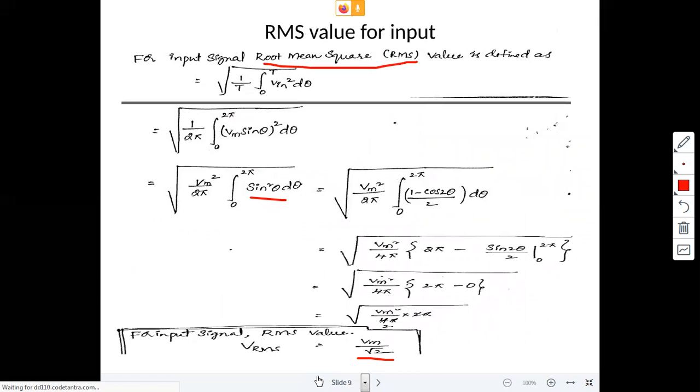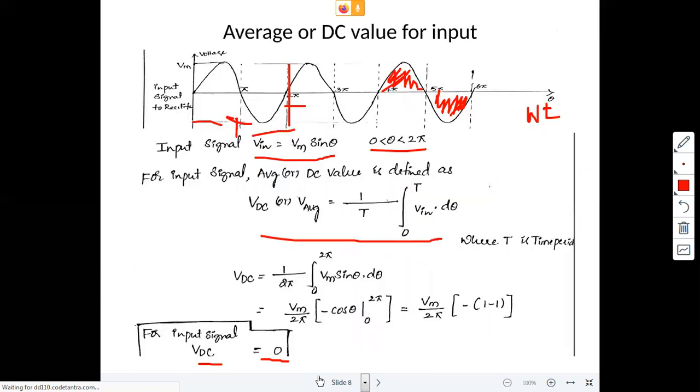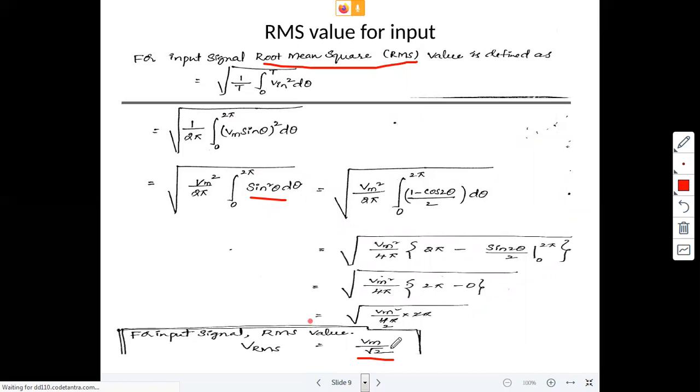First, we calculated the DC or average value for the input signal, which is equal to 0. Then RMS is equal to Vm by root 2. These two are for the input signal.